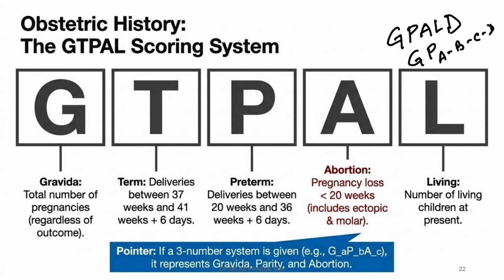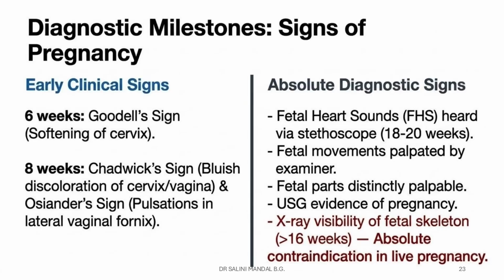Under that, T stands for term delivery, which means between 37 and 41 weeks plus 6 days. P stands for preterm, between 20 to 36 weeks plus 6 days. A stands for abortion, which is less than 20 weeks. L stands for living, the number of living children at present. So please remember GTPAL, the recent scoring system.